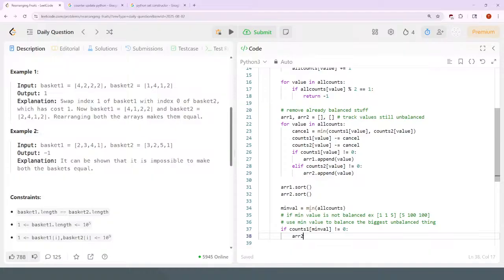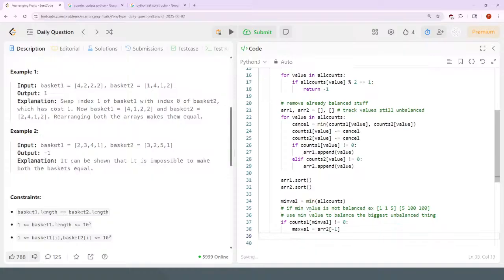If it's not balanced, then array 1 at the 0 value should be this min value. Okay. Guess that makes it a little easier to tell. Okay, array 2. So max val is going to be array 2, last value of that. And then you remove 2 of those from being unbalanced.